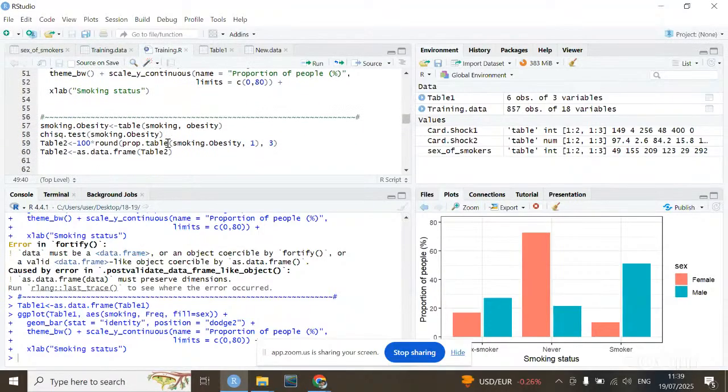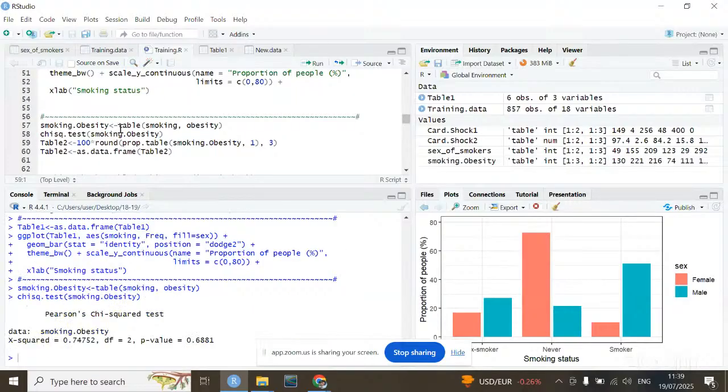Then we also look at the relationship between smoking and obesity. When we did the chi-square test, we created the contingency table and we computed the chi-square test. So we observed that there was no significant association between smoking and obesity.